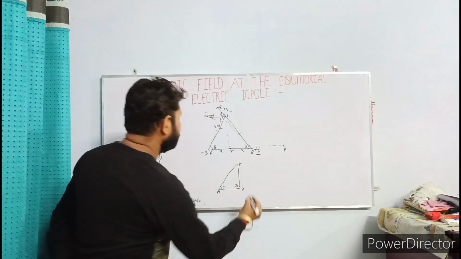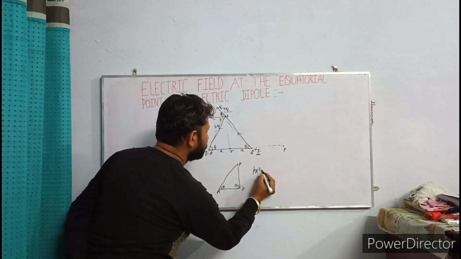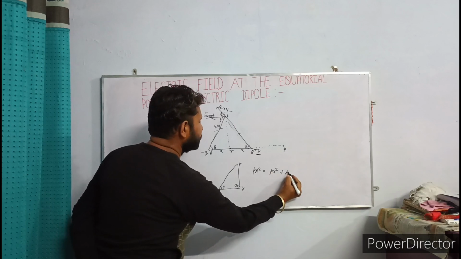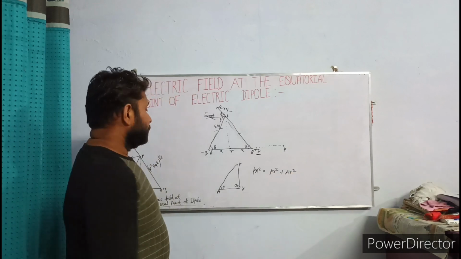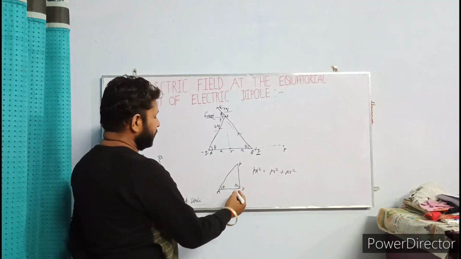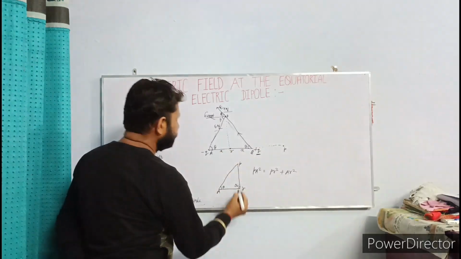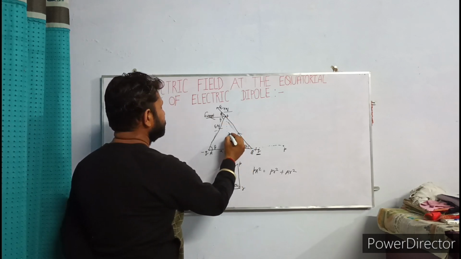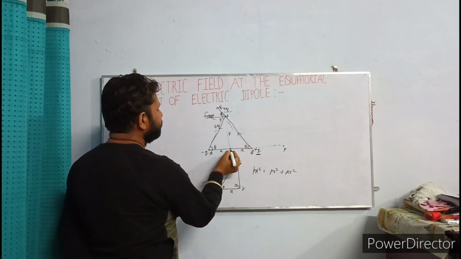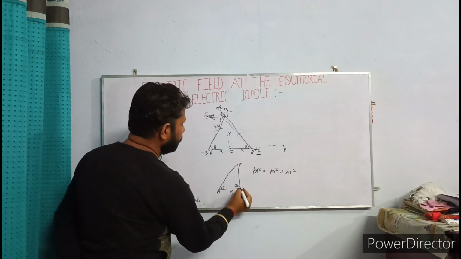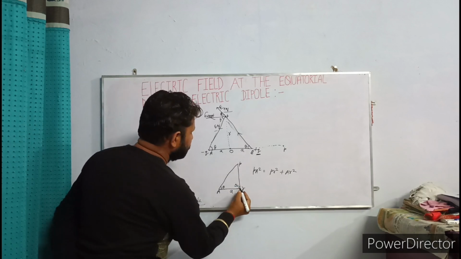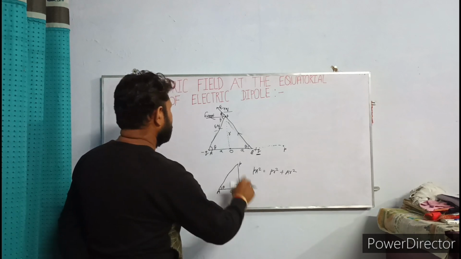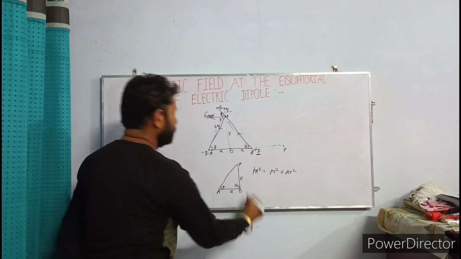Then hypotenuse PA square equals PR square plus AR square. Here its value is A, this is A and this is R. Here we let this point be O. Okay, students. So this point is O, and this value is R.